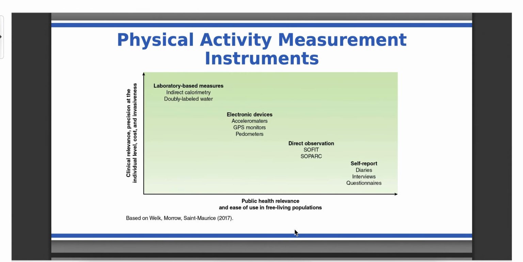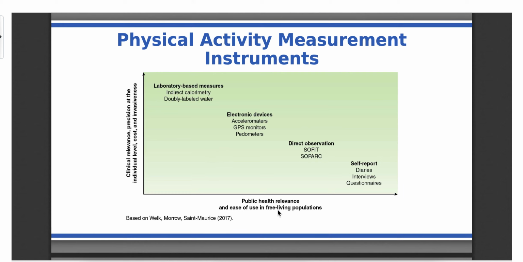This is just a chart that drags those out so you can see them, kind of what we've already talked about. On the y-axis, you're looking at clinical relevance. How precise is it? Usually individual level, cost, and invasiveness. The more precise, the more expensive, the more intensive it is, the higher up it's going to be here.